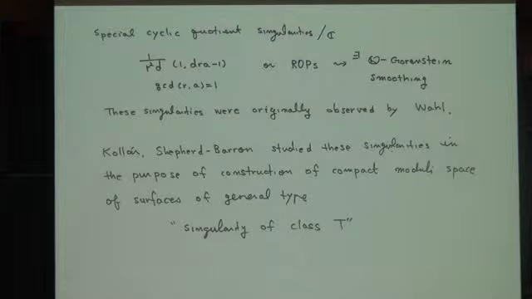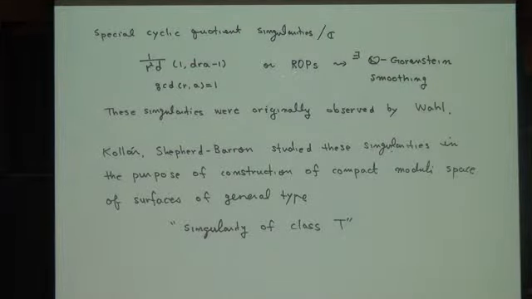This kind of singularity, these special cyclic quotient singularities, was originally studied by Jonathan Wahl, because this singularity has some special property when you consider its minimal resolution graph: the self-intersection number is an integer.